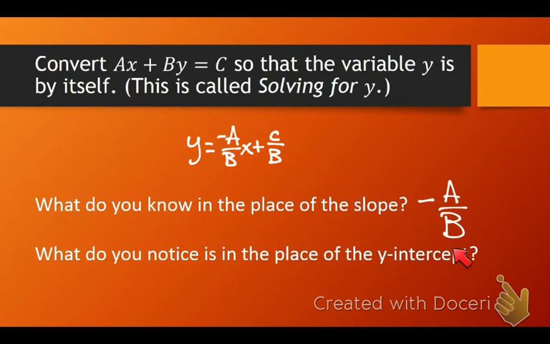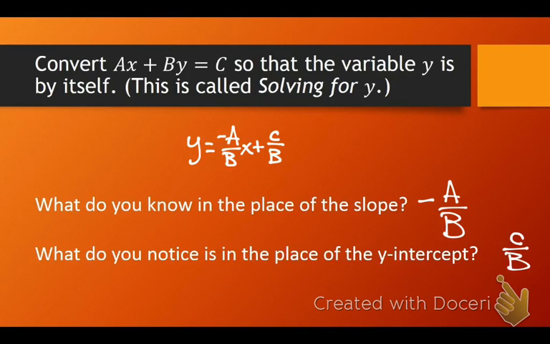Sometimes you could develop formulas where if I need to identify a slope, I could take the opposite sign of the quotient, the A number divided by the B number, whatever's in those places, that would develop your slope. If you want a shortcut to figure out the y-intercept, if something starts off in standard form, the y-intercept is just going to be the c constant divided by the b number.